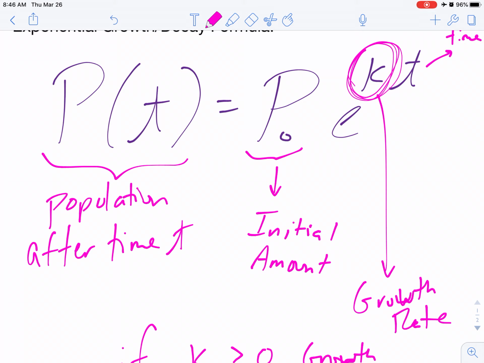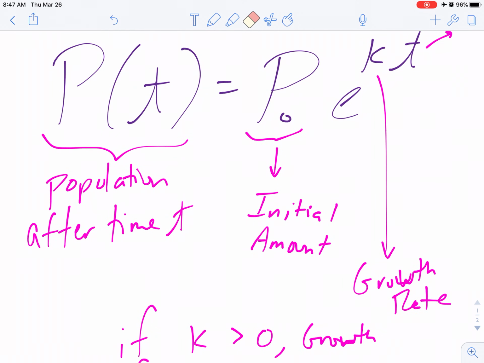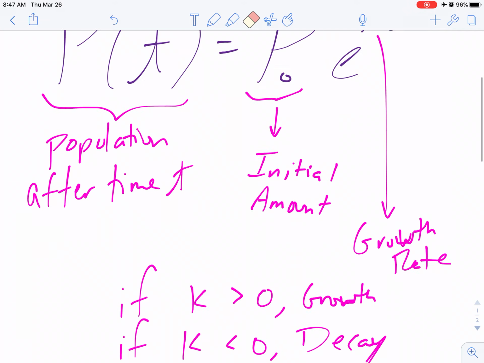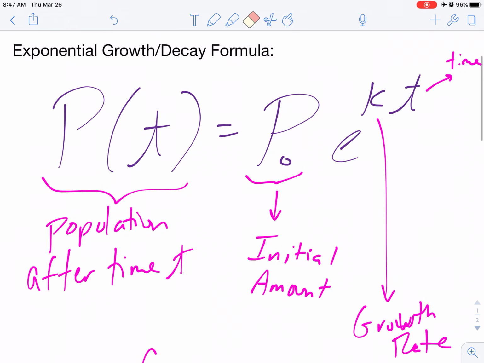If the value of K is positive, you have growth occurring, okay? So a lot of these problems just require filling numbers into the formula, but you are going to have to do some solving using logarithms as we go through the word problems, okay? So that's the growth decay formula.